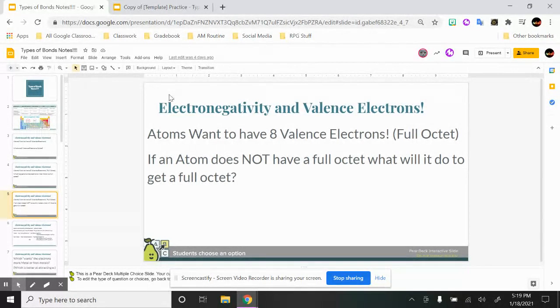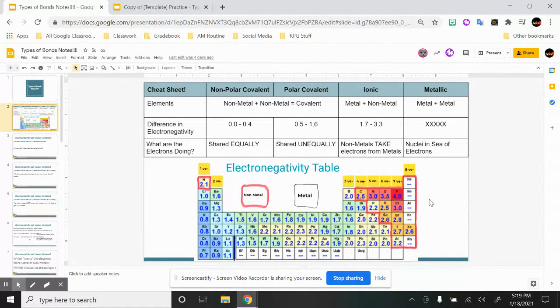Now, I want to talk to you guys about this term called electronegativity. Electronegativity is an atom's ability to attract electrons. It's how good an atom is at getting the electrons it needs. Now, when we look at the periodic table, our nonmetals, which are these ones I've circled in red over here, tend to have a higher number of valence electrons.